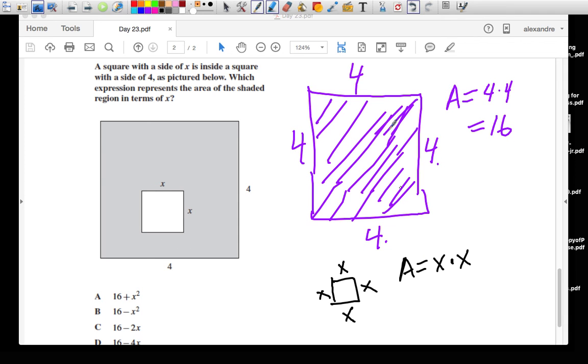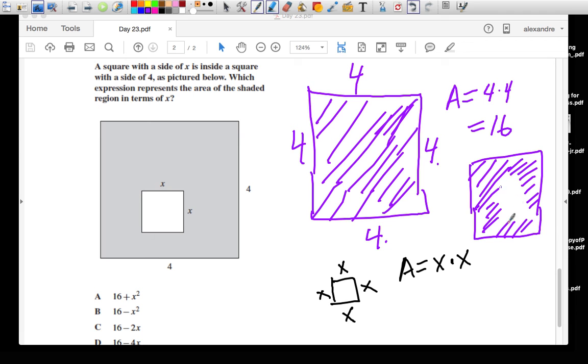This big purple square minus this would give us this particular shape. If I were to puncture a square in the middle, that empty space would be thrown out. Imagine if I took scissors and cut this part right out. How much would I have left over?